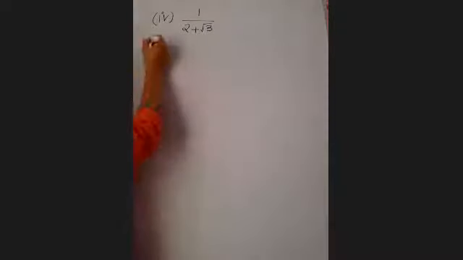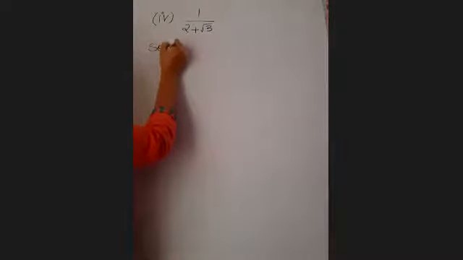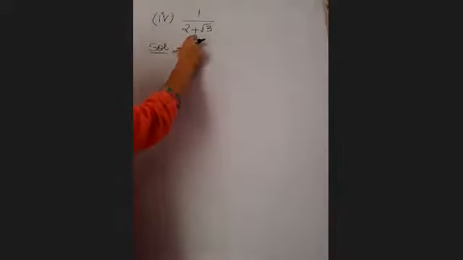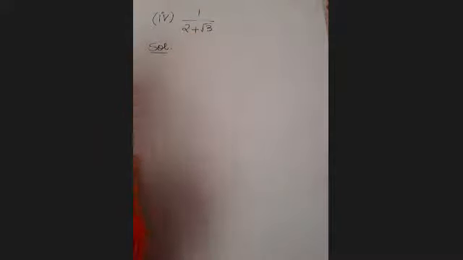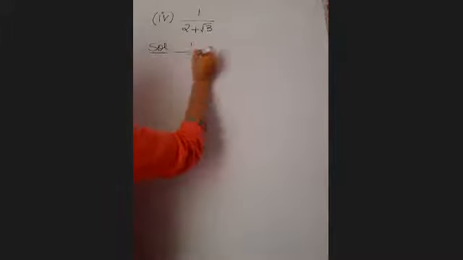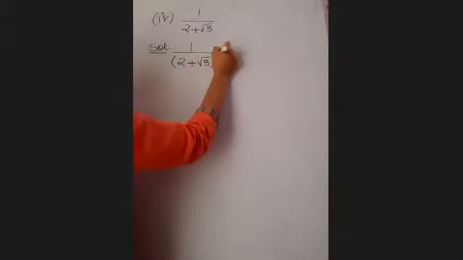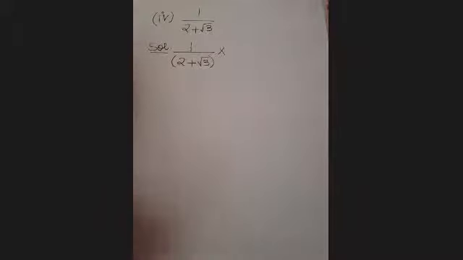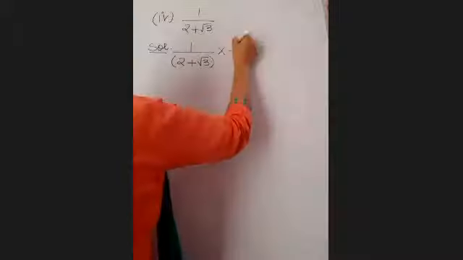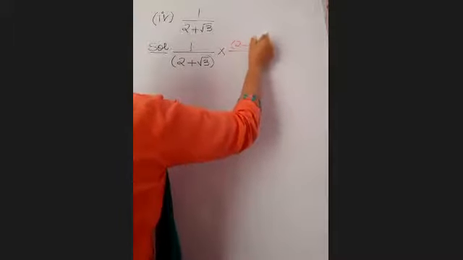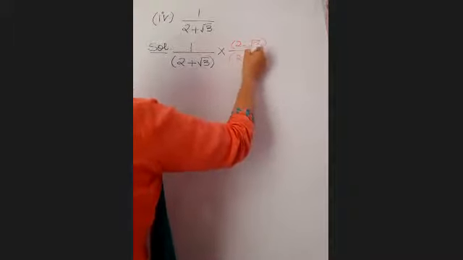So here we have a different method for such numbers where we have a plus sign or minus sign. Wherever we have a plus or minus sign, we are going to multiply and divide by 2 minus root 3. I'll tell you why.